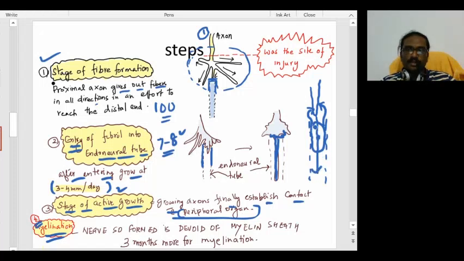So this Schwann cell is playing a very important role. It is going to shrink and allow the nerve fibril, the axon terminal fiber, to get into the neural tube. And that is the role of the Schwann cell being placed here.